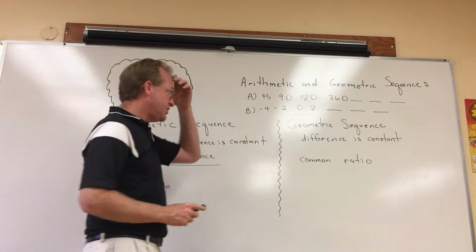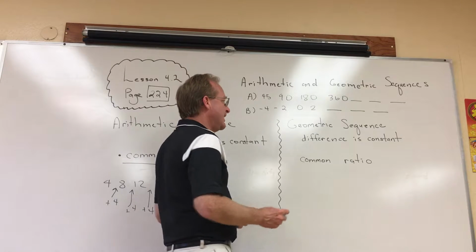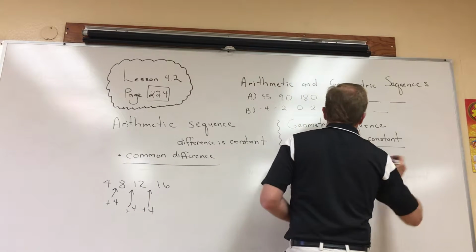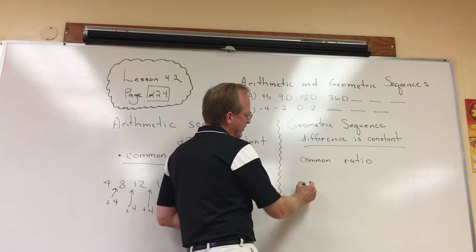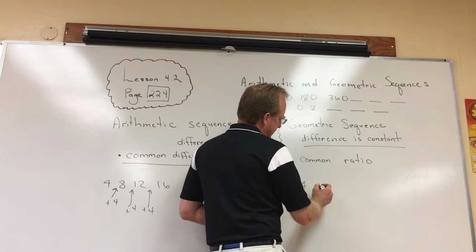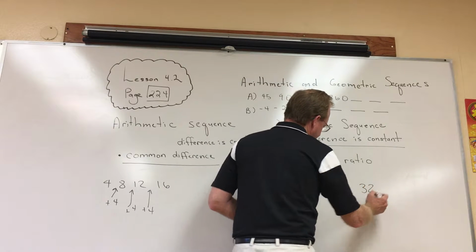Now the other kind of sequence you can get is a geometric sequence. And those sequences, again, the difference is constant, but there's something else going on. Let me show you one. Let's do 4, 8, 16, 32.